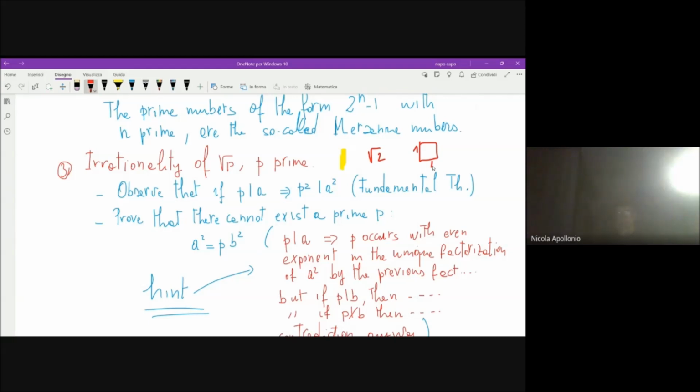You can prove that the square root of each prime is not a rational number.